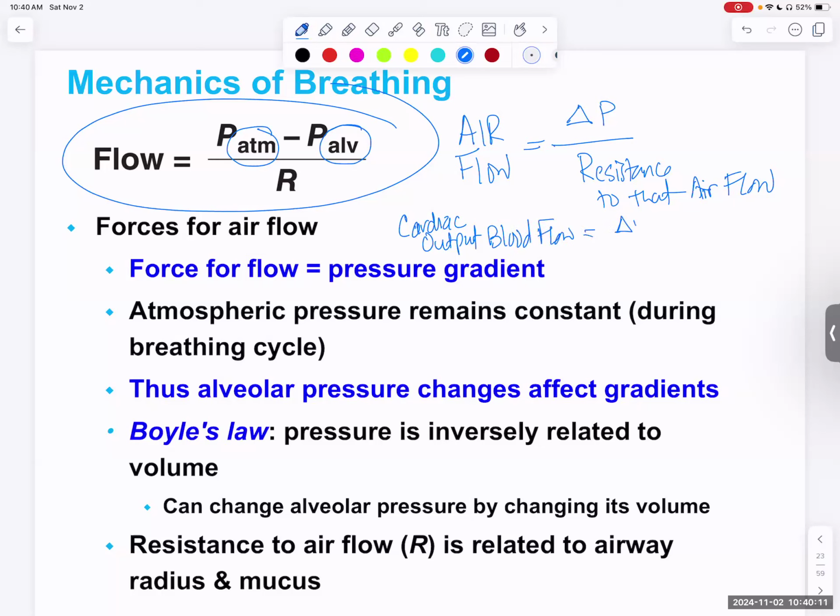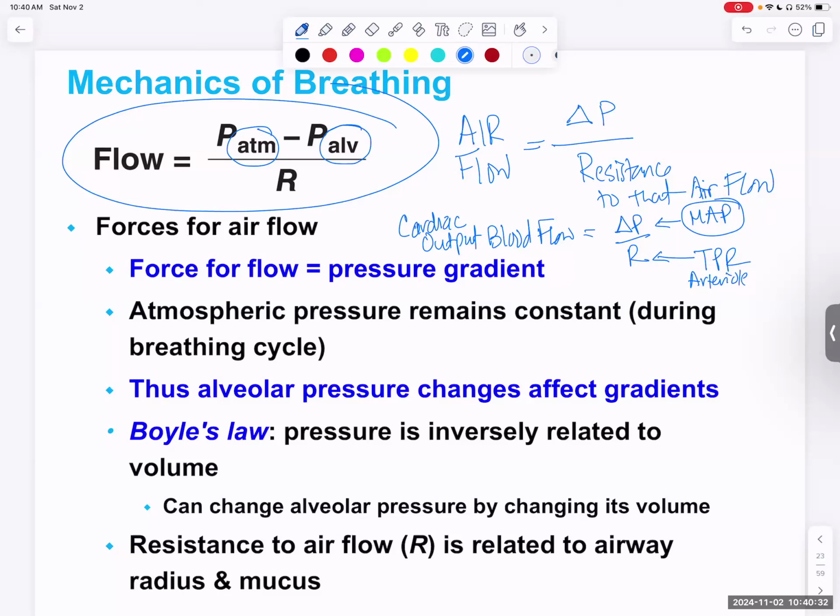And it had the same delta P over R, but this is the pressure difference between the aorta and the vena cava. We call that the mean arterial pressure. And you have total peripheral resistance. Same thing, instead of it being in the arterioles.